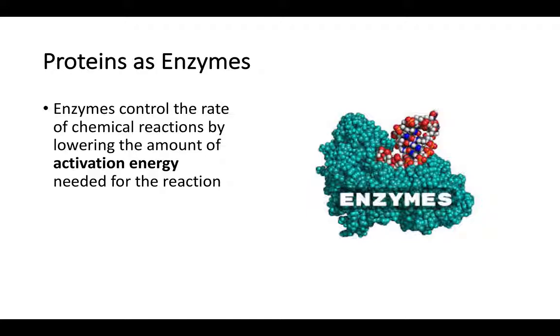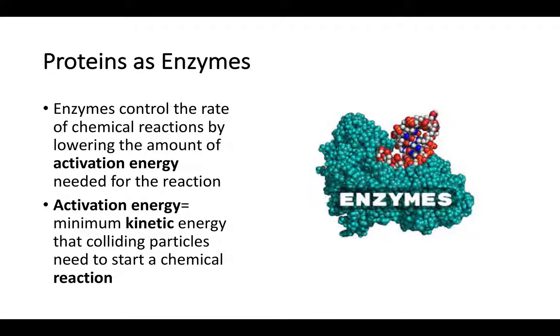Enzymes control the rate of reactions by lowering the activation energy needed to get a reaction started. Activation energy is the energy needed to start that reaction. So once a reaction is up and running, it can complete. However, it takes a huge amount of energy just to get it started. It's like you in the morning.